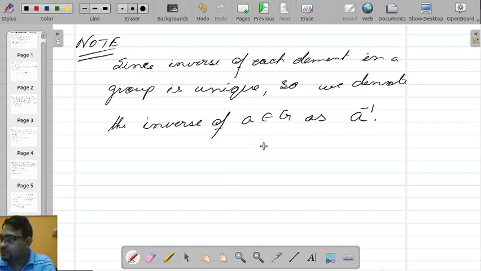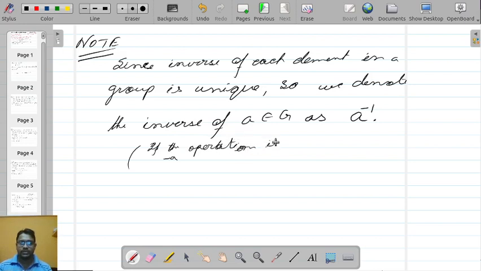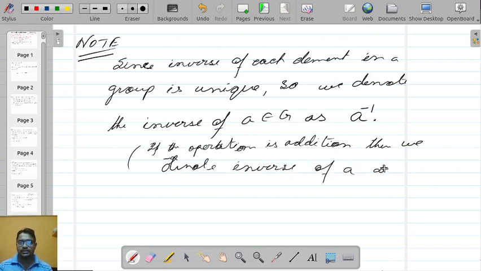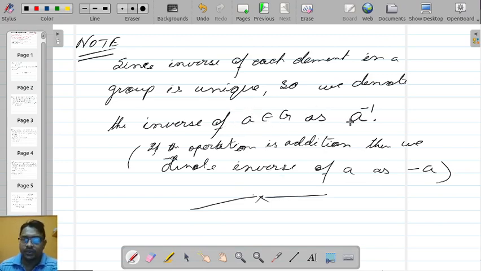So we introduce this notation A inverse, and many times we will use it for the inverse of an element in G. If the operation is addition, many times we denote the inverse of A as minus A. For the group of integers we denote it by minus A, and for other, arbitrary groups, it is usually denoted as A inverse.